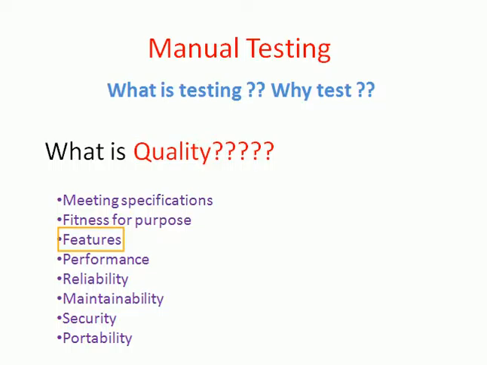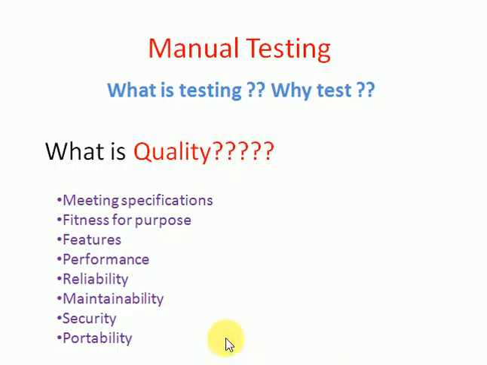Quality can also be described in terms of other characteristics such as performance, whether the system is able to work at high speed or not. It can be in terms of reliability, whether the system is able to work for long periods of time giving the correct output or not.